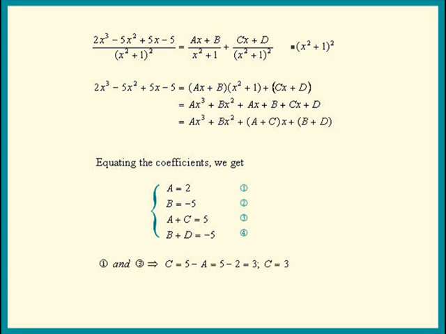Combining equations 1 and 3, we find that c equals 5 minus a, and because a equals 2, plug that in, c equals 3. Equations 2 and 4: we have b equals negative 5, d equals negative 5 minus b, so d equals 0.